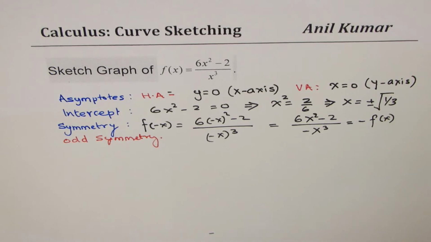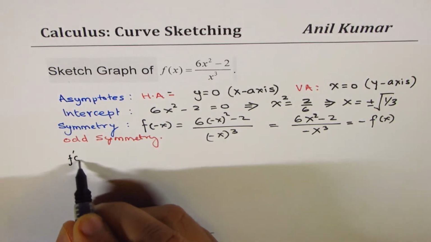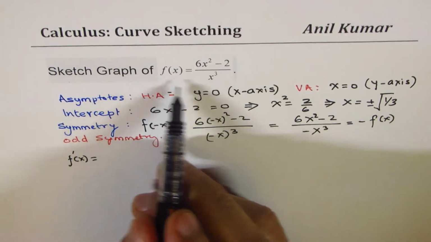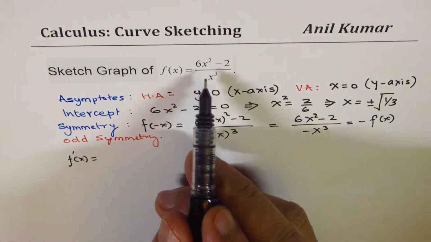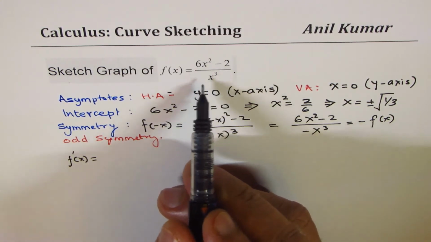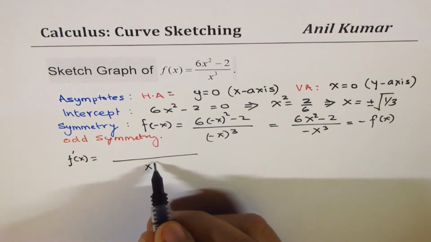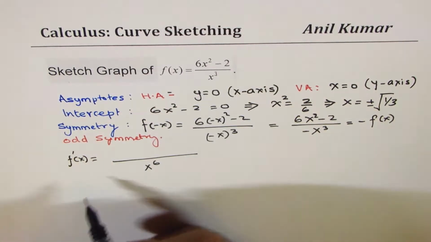Now let's get back to derivatives. Let's find the first derivative for the function. For the first derivative, we can apply the product rule or the quotient rule. So let me apply the quotient rule. We'll have the denominator as x to the power of 6, that is the square of the cube.